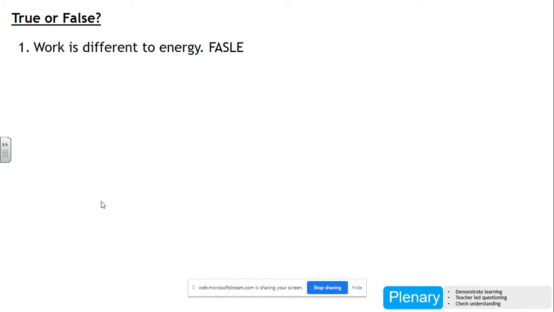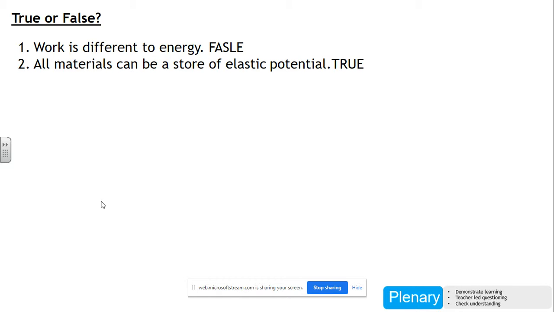And we're back. Here we go. Work is different to energy: that's false, work and energy are the same. All materials that can be squashed can store elastic potential energy. Even things that aren't particularly elastic, if they are deformed, or changed in shape, will store potential. The spring constant can be measured in newtons per centimetre: we tend to use newtons per metre, just be aware of that.